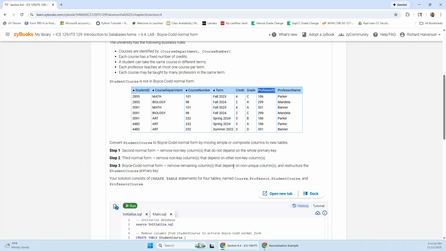So it's not in Boyce-Codd normal form, because you have columns that depend on non-unique columns. This is a non-unique column, and these two columns depend on this column, which is non-unique. It's not part of the primary key.